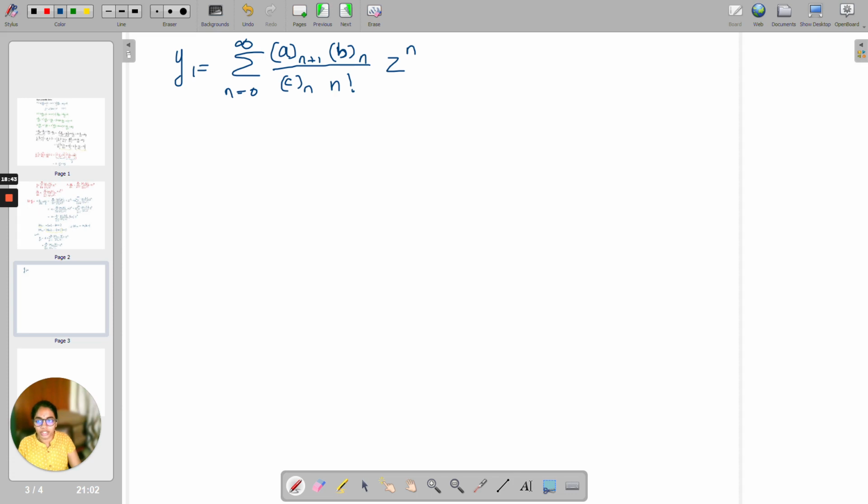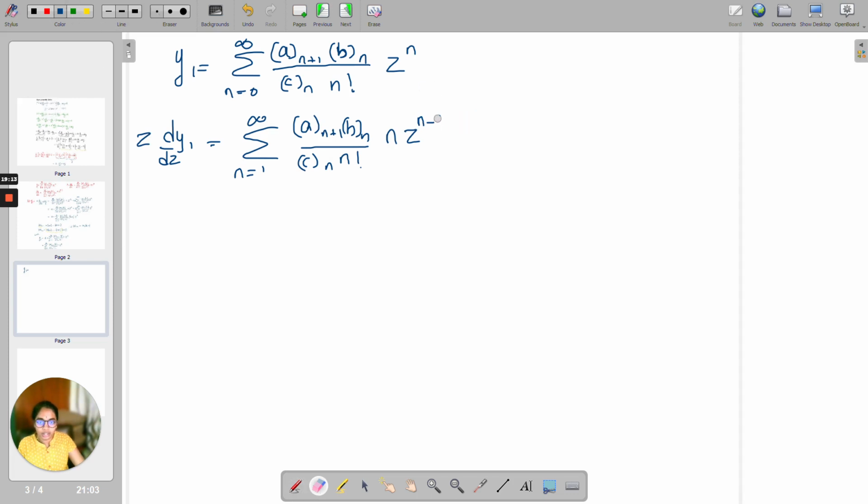So what all do we need? We need dy1/dz. Yes, that would be the sum from n equals 1 to infinity of a(n+1) b_n divided by c_n n factorial into n into z power n minus 1. So if I multiply z over here, what happens?